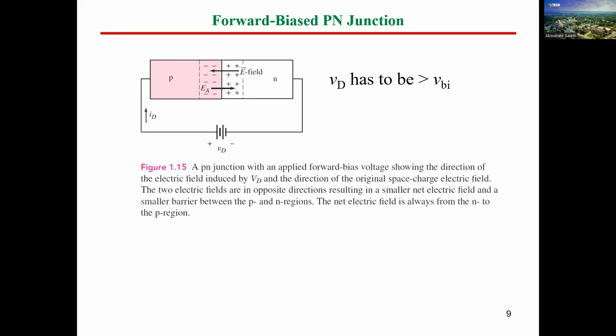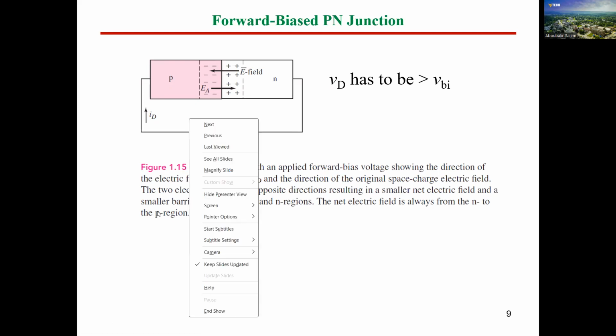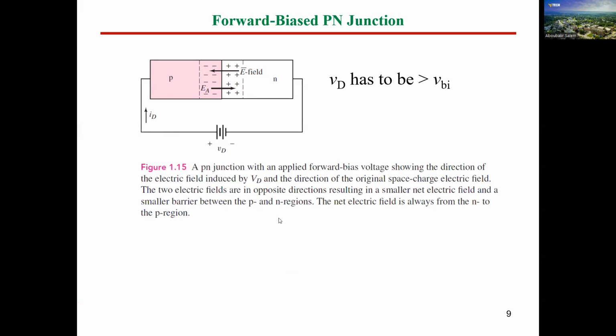For the forward biasing, this is P. Let me open the pointer again. So this is P. What will happen when you have positive charge here? The positive charges will be opposite to the negative charges here of the N side. Sorry, in the P side, firstly, before the electric field is applied, it's not clear in this figure.